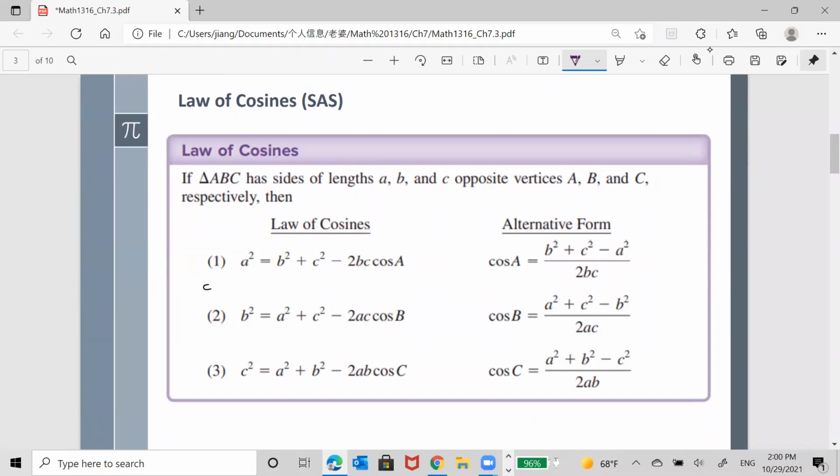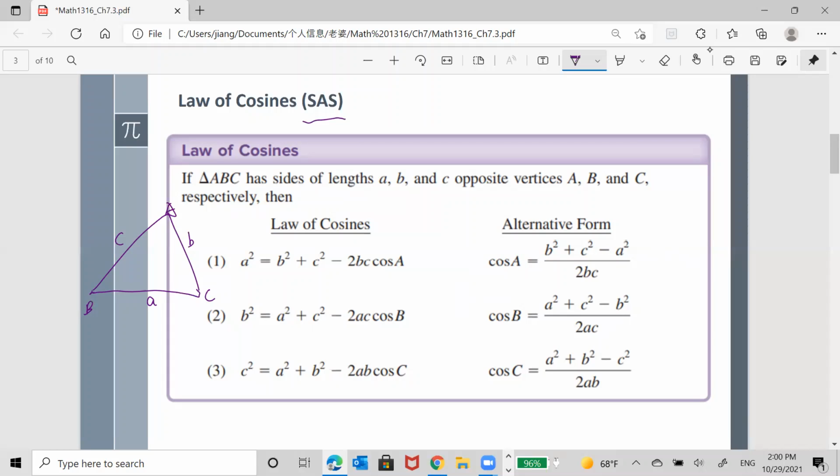So this is the law of cosines. If we have any kind of triangle, acute or obtuse, ABC, and this case is SAS.